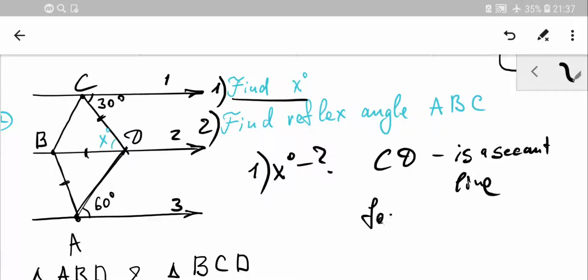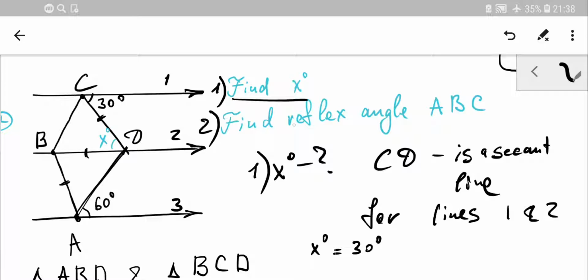So for lines 1 and 2, and hence angle x is actually 30 degrees. So we can figure it out quickly. Okay, so x is 30 degrees.